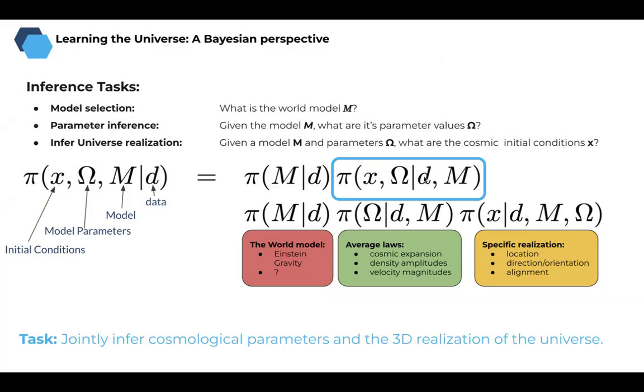So the task that we try to address is to jointly infer cosmological parameters and the 3D realization of the universe, to optimally explain the average behavior of our universe and how specific realizations and meta distributions of the universe came into being. I want to illustrate this today by applications to the nearby universe and even going to the application of the local group, the Milky Way Andromeda pair.